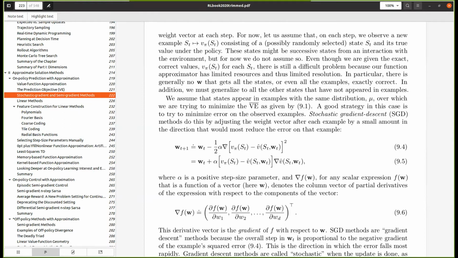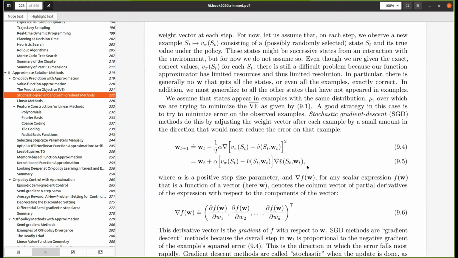And here we have the gradient of our objective function. You see that the objective here is the squared difference of the true value function and the approximated one. You can rewrite it using the chain rule, so we get a gradient of a squared function, and we can rewrite it like this.